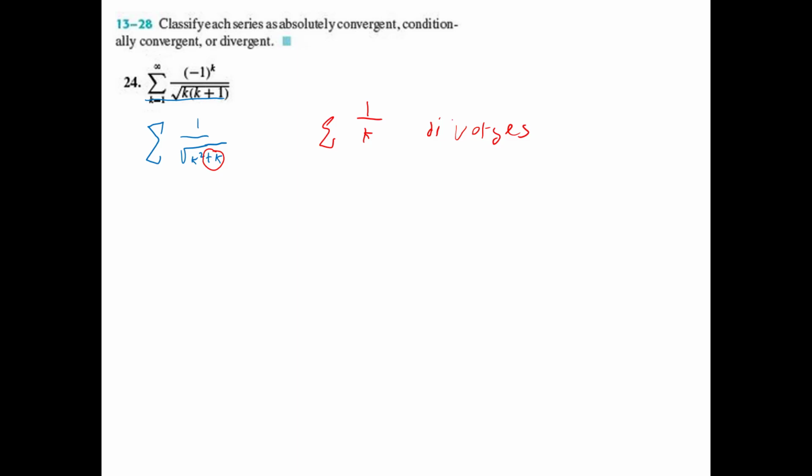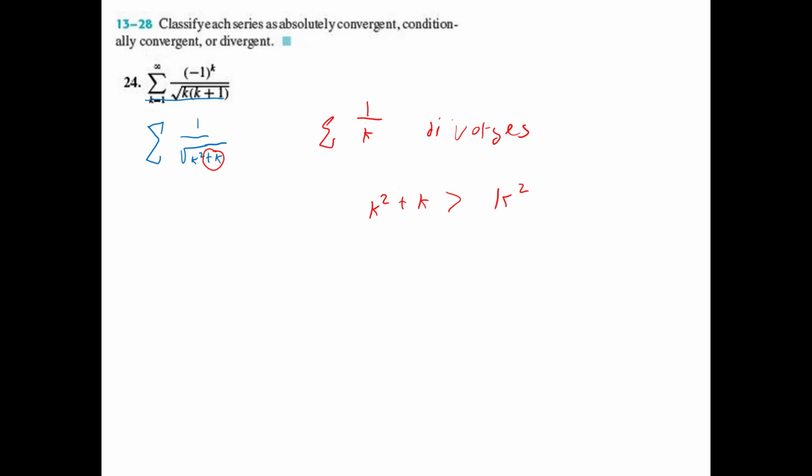Then you should have the instinct that this one diverges, since we can compare it to this one. And the question is, do we want to compare it with the limit comparison test or the basic comparison test? With the basic comparison test, it should be clear that adding this k makes k squared plus k bigger than k squared.